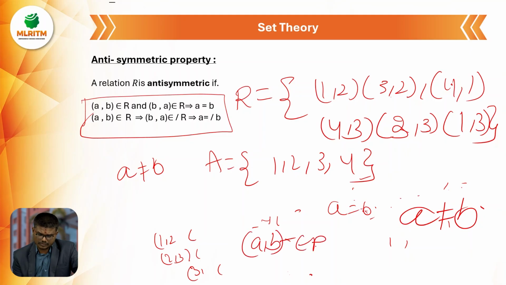So it is satisfying the second condition: (a, b) belongs to R, (b, a) does not belong to R, that is a is not equal to b.